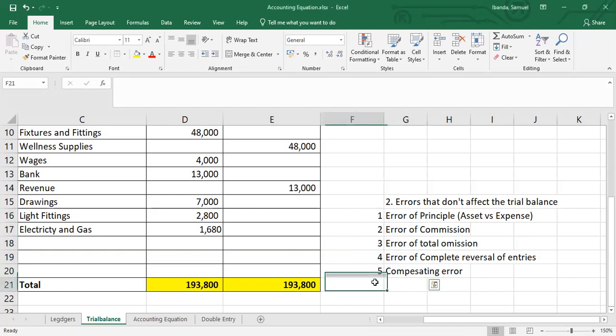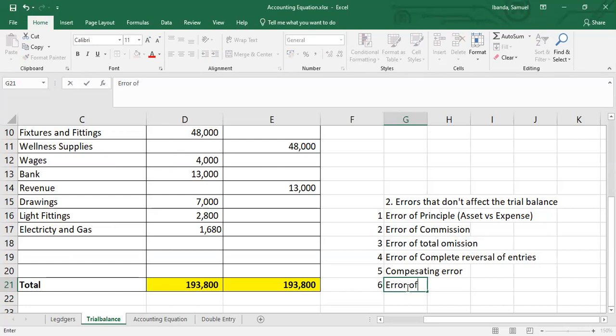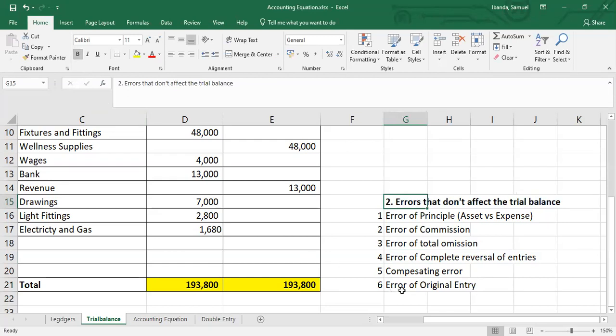Now, we also have what we call error of original entry. We have what we call error of original entry. Now, an error is called an error of original entry if it originates from the start of the transaction, or the start of the accounting process.